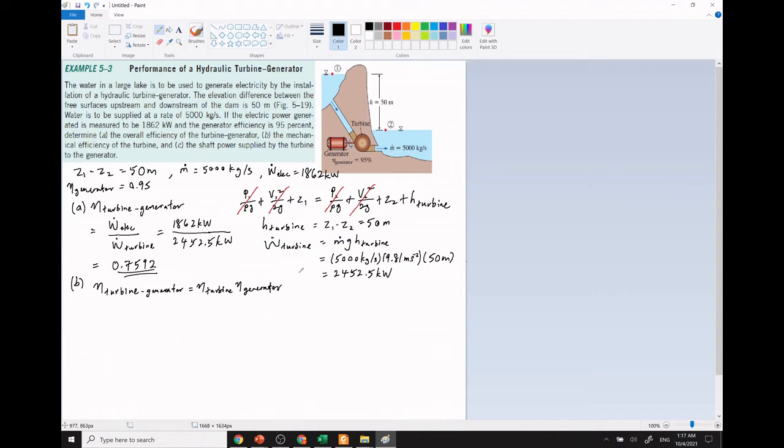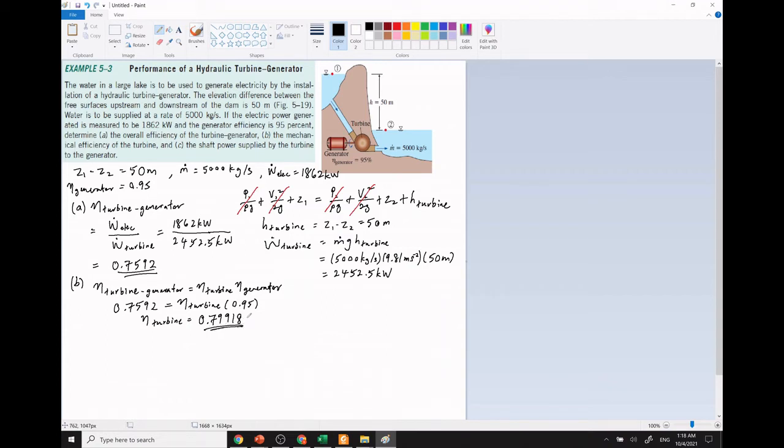We already know the overall efficiency, which is 0.7592, and then the efficiency of the turbine, which is what we want to find, and the efficiency of the generator is 0.95. So the efficiency of the turbine would be 0.79918.